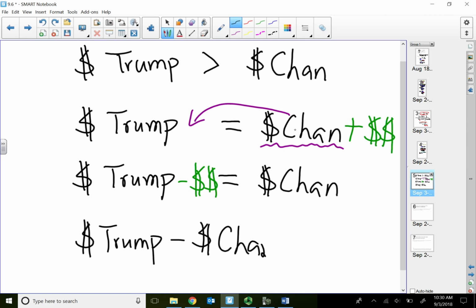This is positive, come over, become negative. Donald Trump exceeds Mr. Chan's by so much money, because this extra green dollar is still here. So exceed by so much means the difference between the two is equal to so much.